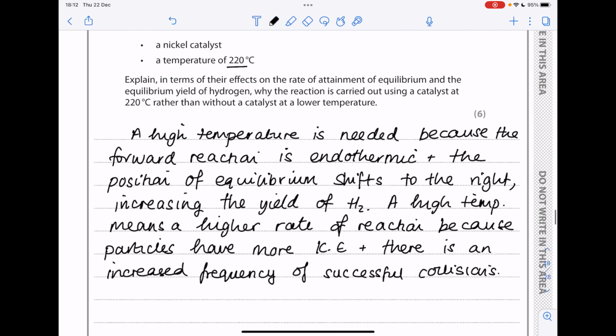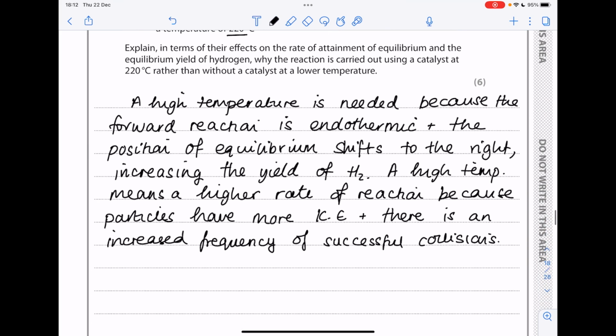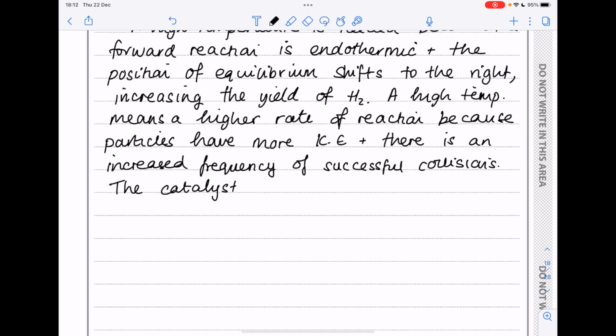And then if we talk about the catalyst, it works by increasing the rate of reaction. Because it's a reversible reaction, it will increase the rate of the forward and reverse reactions equally. But that's not a bad thing. It still increases that all-important reaction that produces hydrogen. How does the catalyst work? By offering an alternative reaction pathway with lower activation energy.